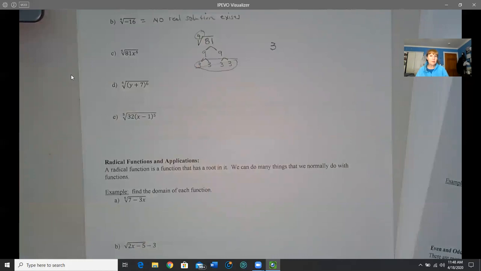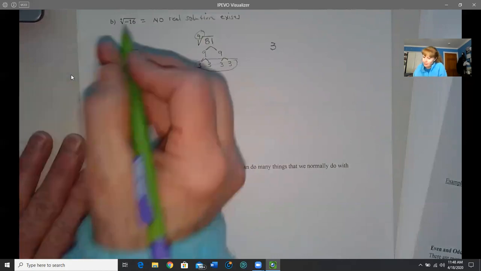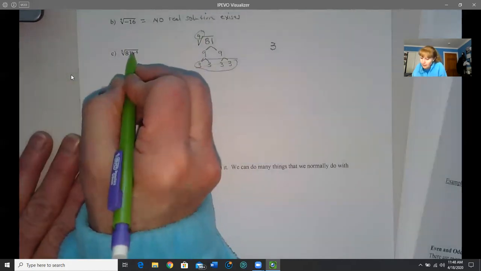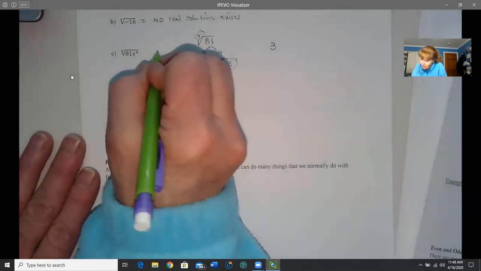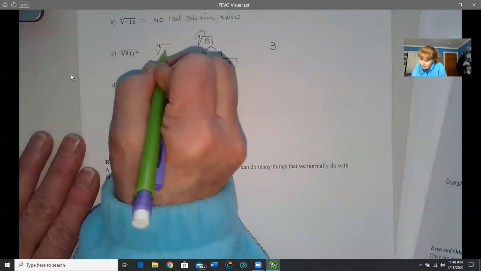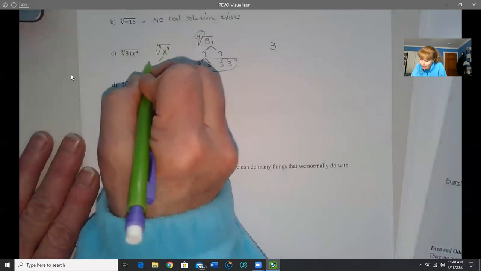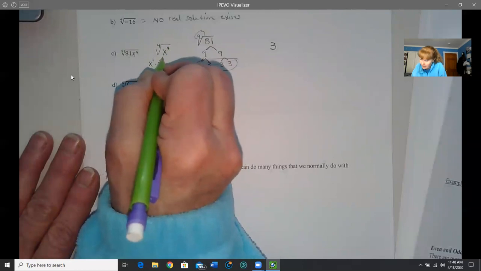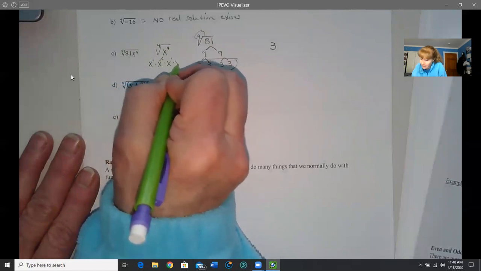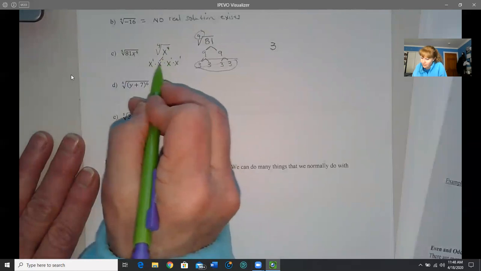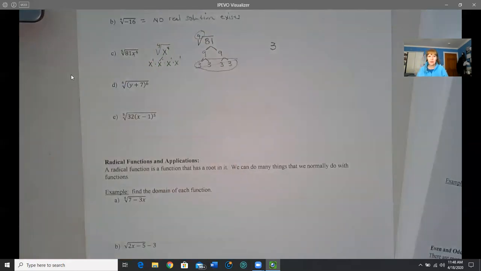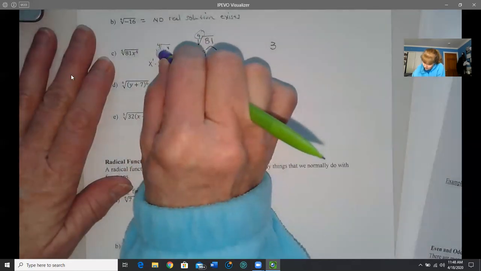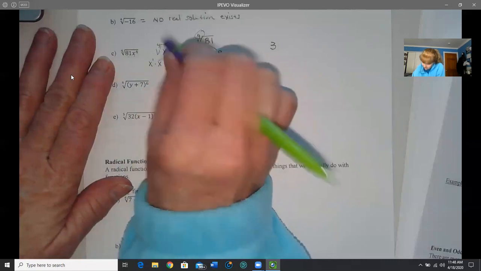Now I'm going to look at the x to the 4th. Well, I need 4 things multiplied together. Let's take 4 divided by 4, and that gives me 1. So when I'm reducing this, it means I've got x to the 1st, x to the 1st, x to the 1st. I have 4 of those. 1, 2, 3, 4. You add the exponents. So I've got x to the 4th.